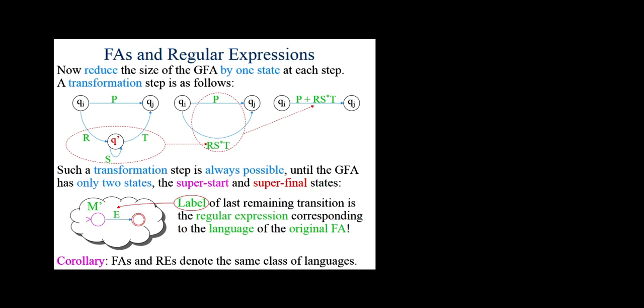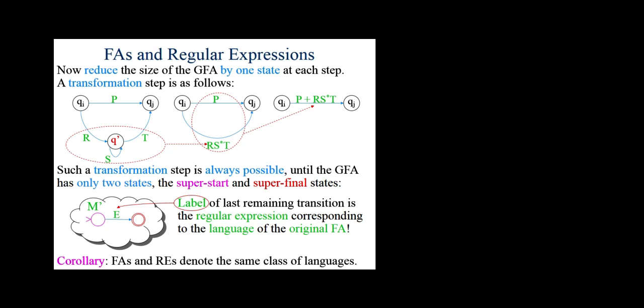And at the end, you'll end up with a machine with a single pair of states, the initial and the final state, and whatever regular expression ends up on this arc will be the regular expression that denotes the language accepted by the original finite automata that we started with. That will be the proof. Now, we're going to go over it in more detail next time, but any questions about this?